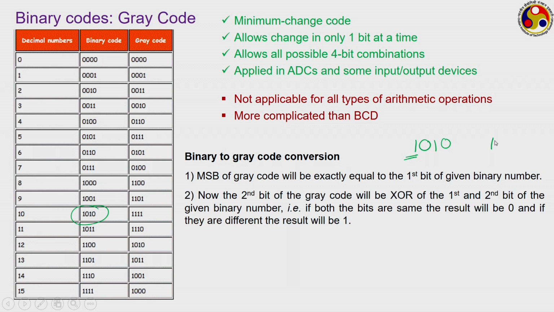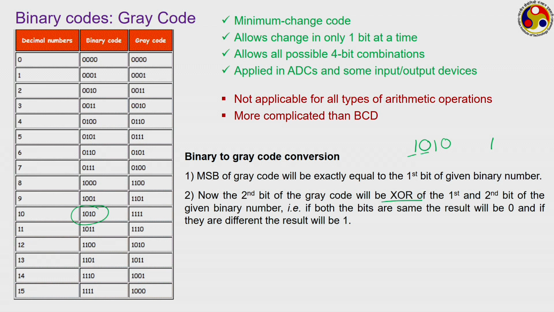Next principle, we have to compare the first and second bits of the binary and perform an XOR operation on them. Here the first and second bits are 1 and 0. If we perform an OR operation we get 1, but we are talking about an XOR operation, not OR.